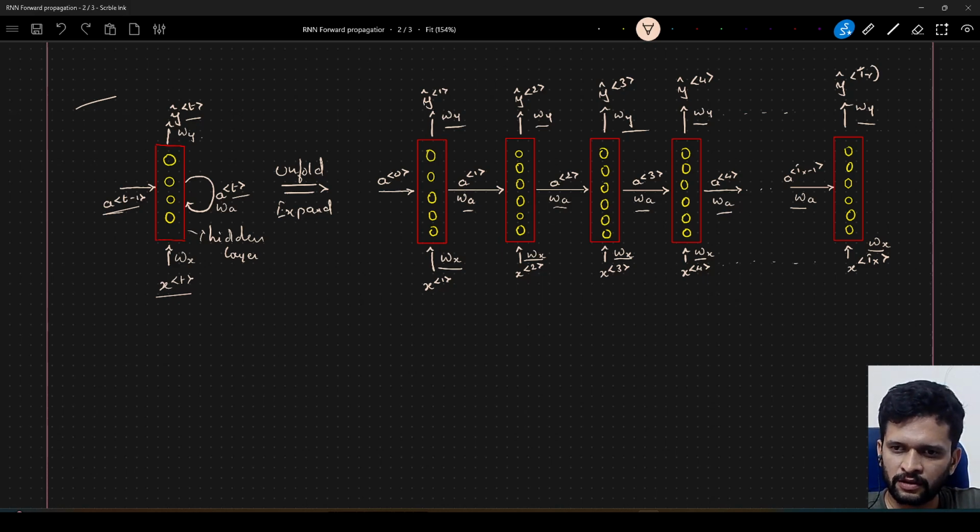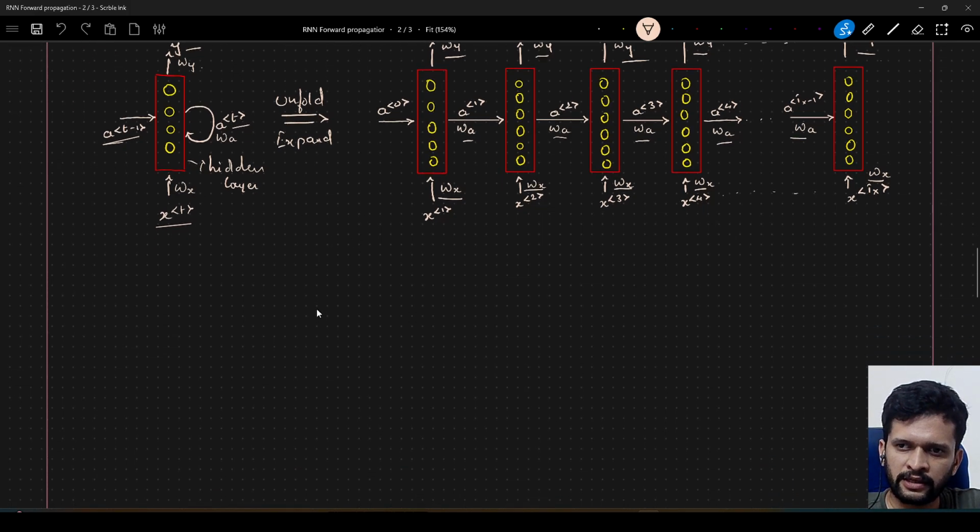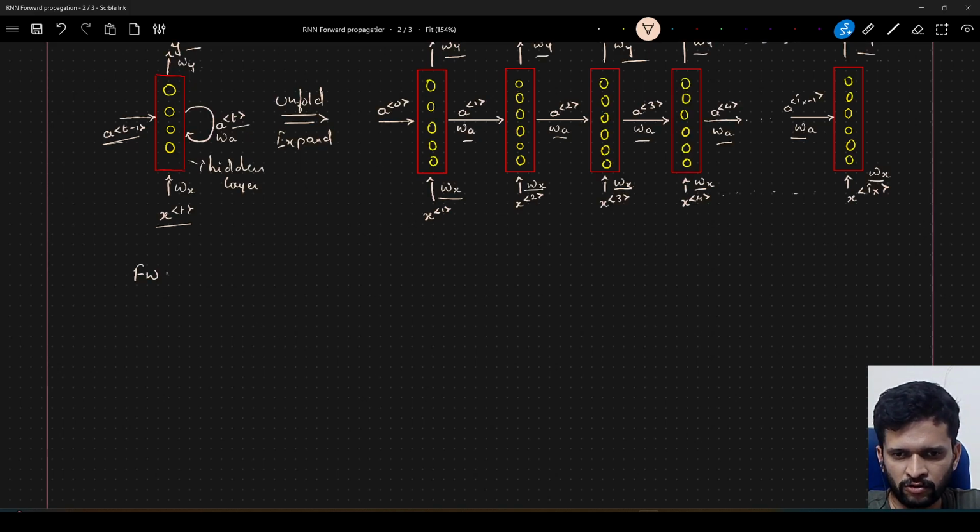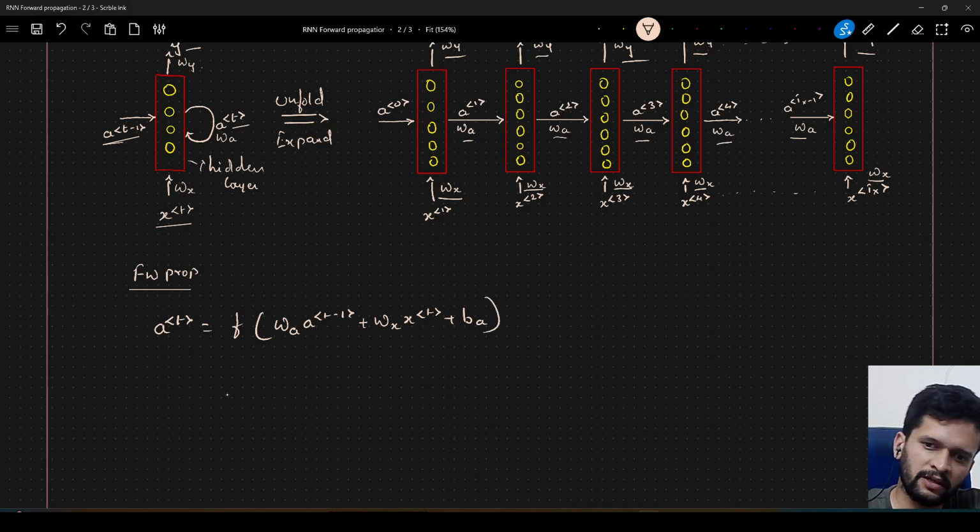Now I'll write the equations with respect to forward propagation. The activation at is equal to some activation function of Wa at minus 1 plus Wx xt plus ba.